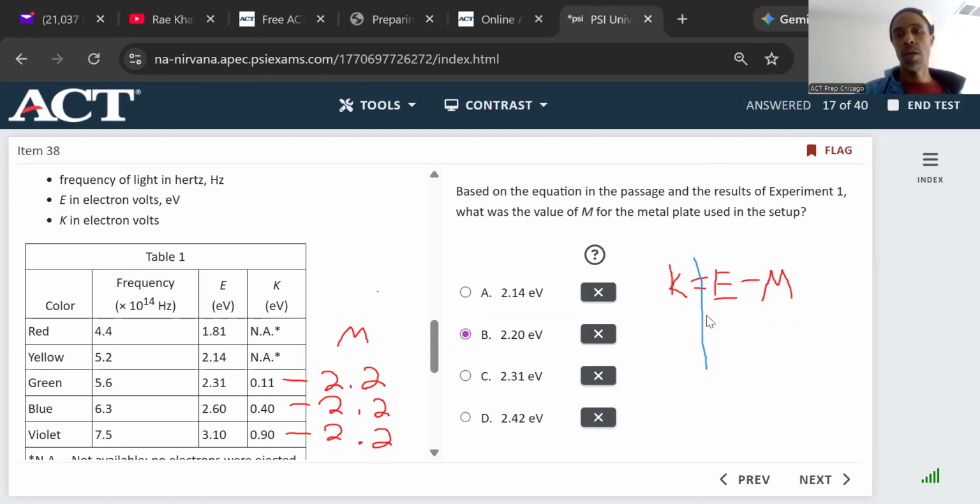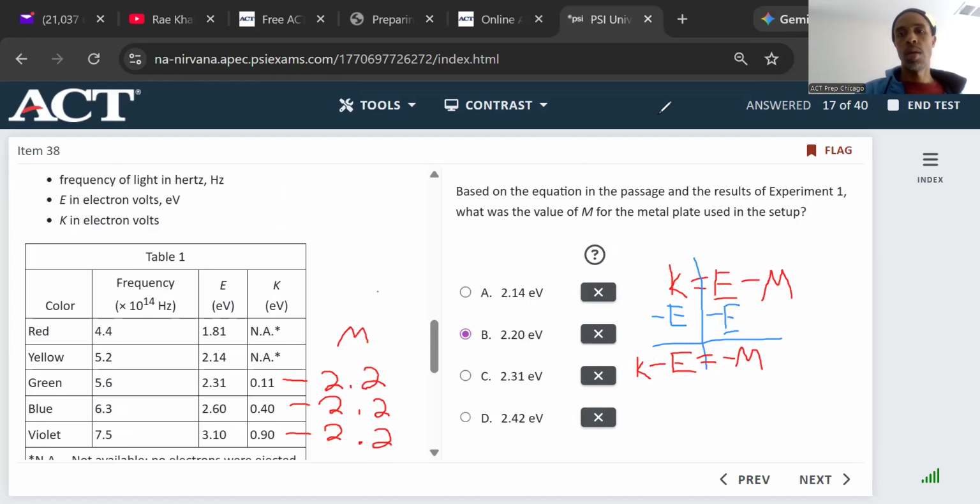So if we're trying to solve for M, we got to get M by itself. So we're going to subtract E from both sides, right? So what we have left on the left side is K minus E. And on the right side, we have negative M. But we still don't have M by itself.